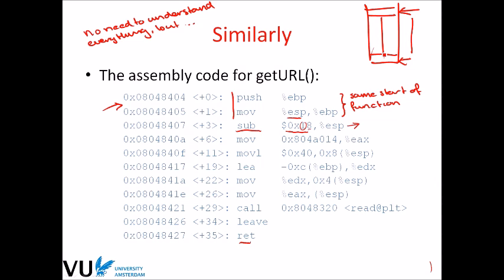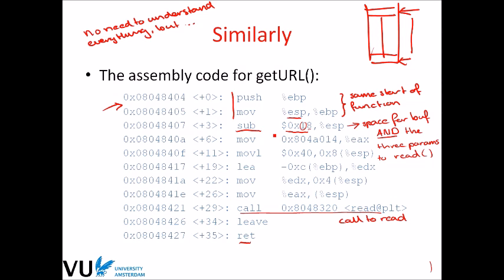So we have 10 bytes plus 3 parameters, and all those 3 parameters happen to be 4 bytes each. So together that would be 22 bytes, 10 plus 3 times 4. And then there are 2 extra bytes because we want to make this nice 4-byte alignment on the stack. So that's what's happening there. We're reserving space for the buffer and for the 3 parameters to the read function.